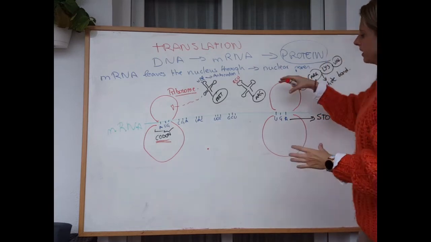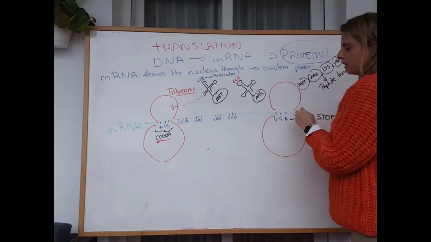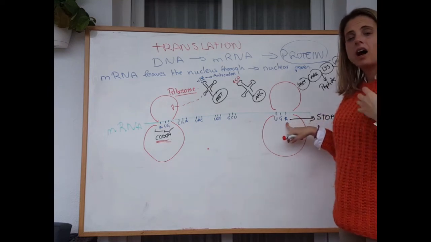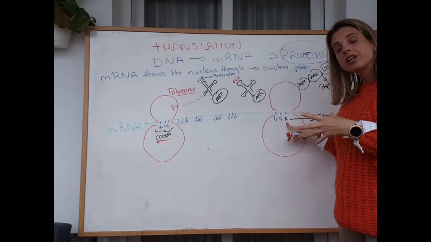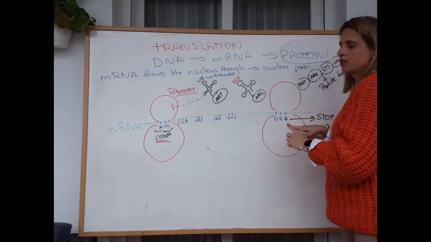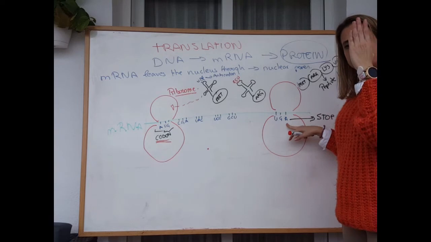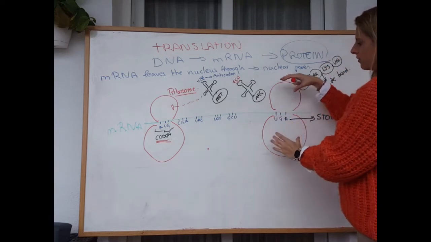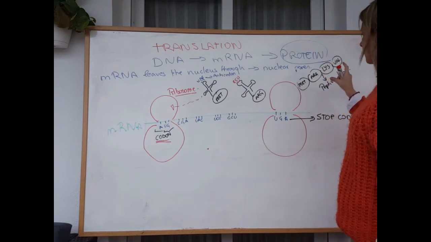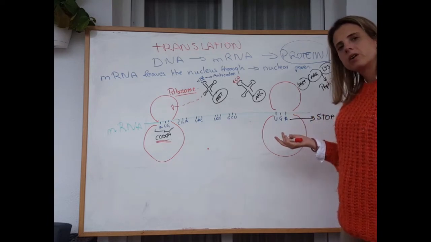Okay? So when the ribosome reaches this codon, this is an example, UGA, for example, that means that there is no transfer RNA carrying an amino acid that has an anticodon for these 3 bases. So at this point the strand is finished, the ribosome separates, and the amino acid strand releases, and there we go.